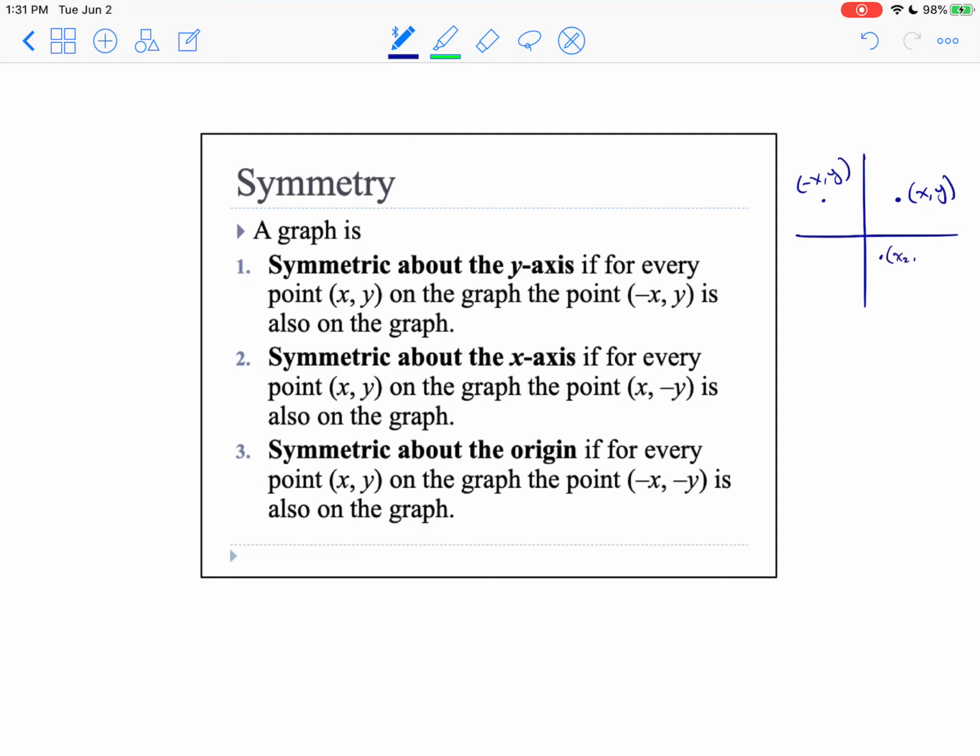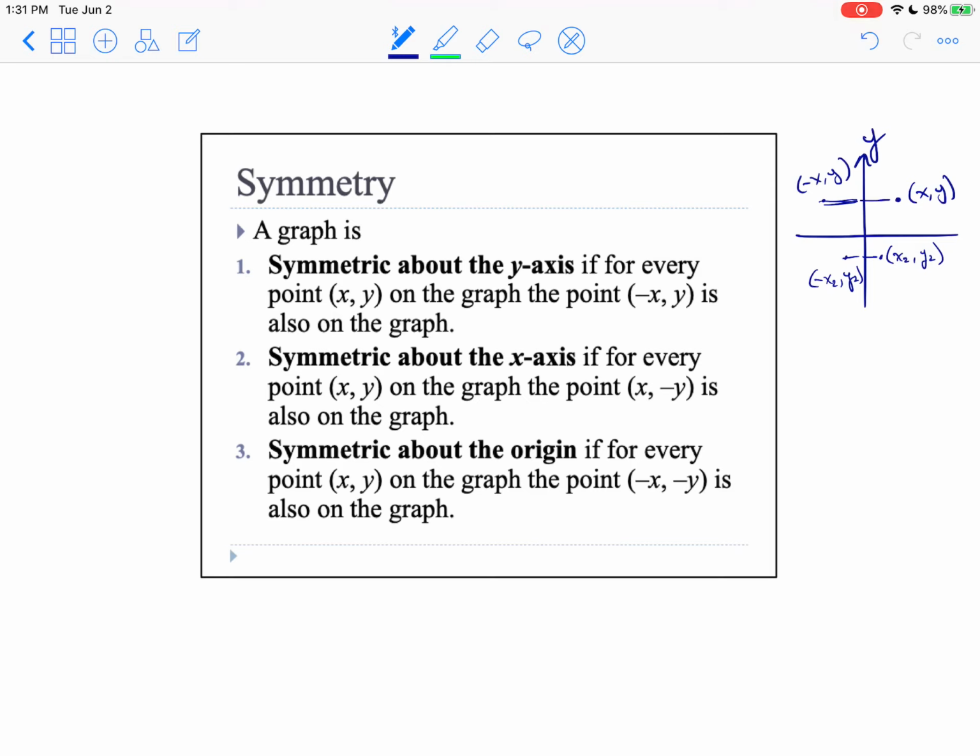If this is (x2, y2), then (-x2, y2), so the opposite x value, the same y value, is on the graph. If this is 2 units away, this is 2 units away. If this is 1 unit away, this is 1 unit away. We get this symmetry over the y-axis, so that's why it's called y-axis symmetry.